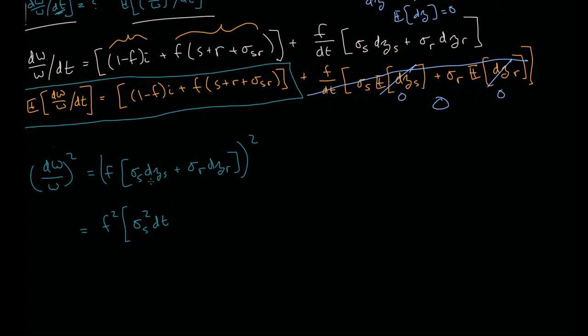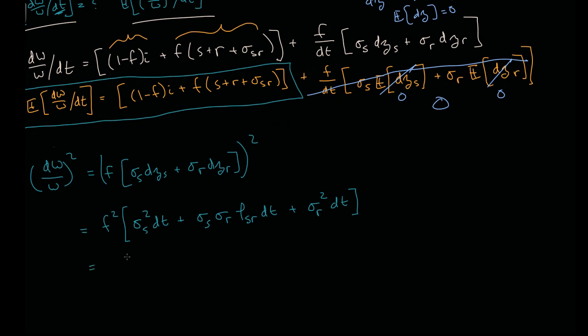The variance of dz times dz is dt. But for the cross term, we need to be careful, because we need to add that covariance term. So we're going to get sigma s sigma r, and then dzs times dzr, we are told, is equal to rho sr dt. And then at last, we get sigma r squared dt.